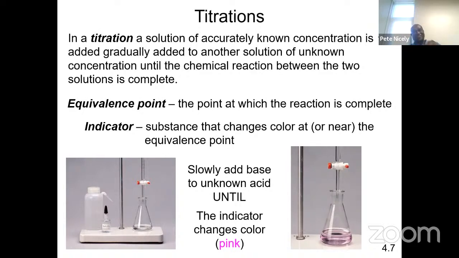And let me just say that acid-base titration is not the only type. You have different types of titration. You have redox titration, precipitation titration, and others, right? But for our purposes, we'll be limited to acid-base titration, all right?